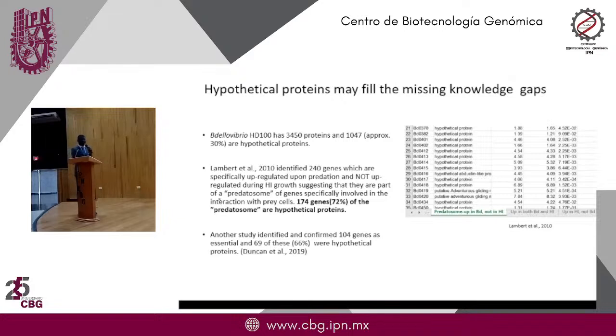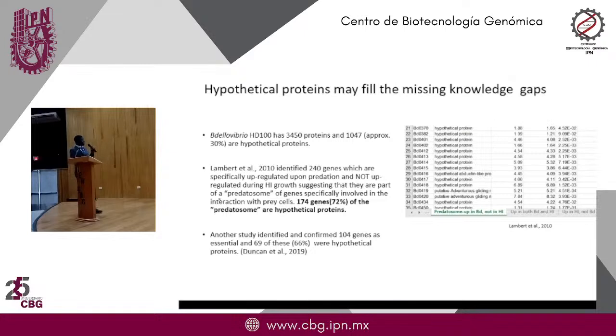So what we did was try to understand the functions of these hypothetical proteins, try to start probing them so that we can understand the molecular mechanism underlying predation. Here I give a few examples. Bdellovibrio has about 30% of its genome as hypothetical proteins. That's about 1,047.